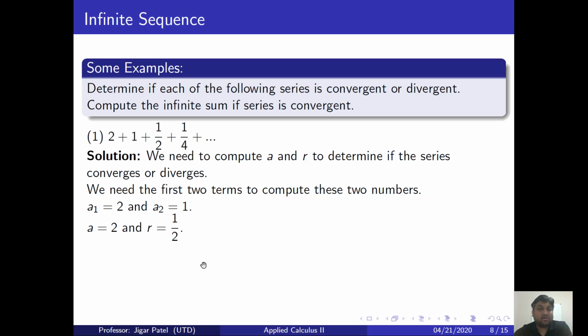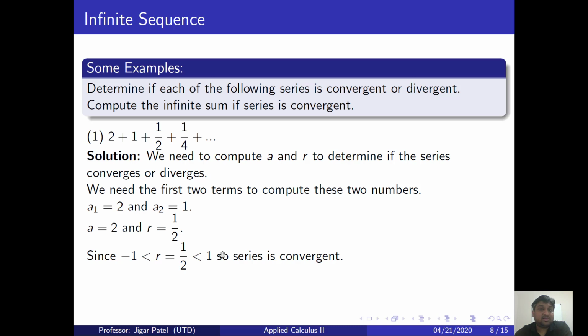It's going to be 1 by 2. I want you to notice that the common ratio is between negative 1 and 1, and be sure you write this down because this is a necessary condition for convergence. R is between negative 1 and 1, so the series is convergent.